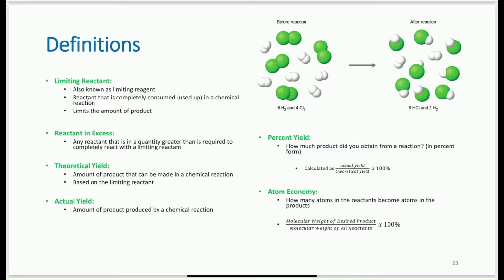So atom economy looks more at how sustainable or how green, how efficient this reaction is, in the sense of what goes in must come out. Whereas percent yield is looking at how much I could theoretically make versus how much I actually made. They're both looking at efficiencies, but from different perspectives.